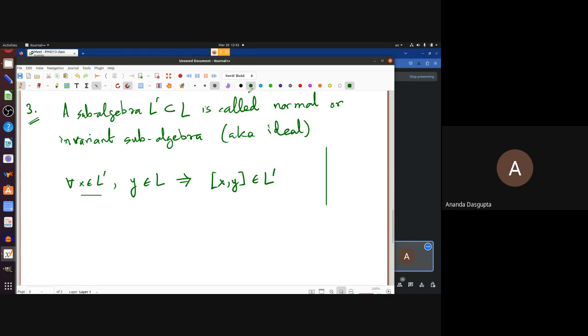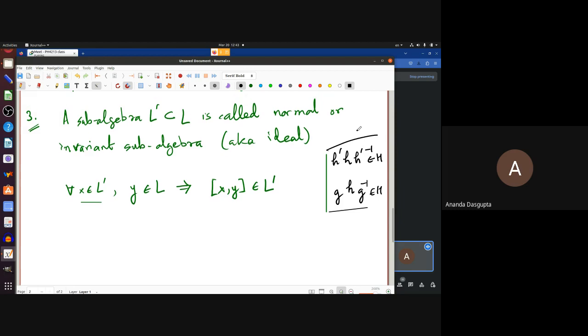Just to remind you of the analogy, say if you had an element h in a subgroup, another element h prime from the same subgroup, this product will definitely belong to H, right? That's just closure. But if your subgroup is such that you take h from the subgroup, but g from anywhere in the group, and still g h g inverse belongs to H, then you say that H is a normal subgroup, right?